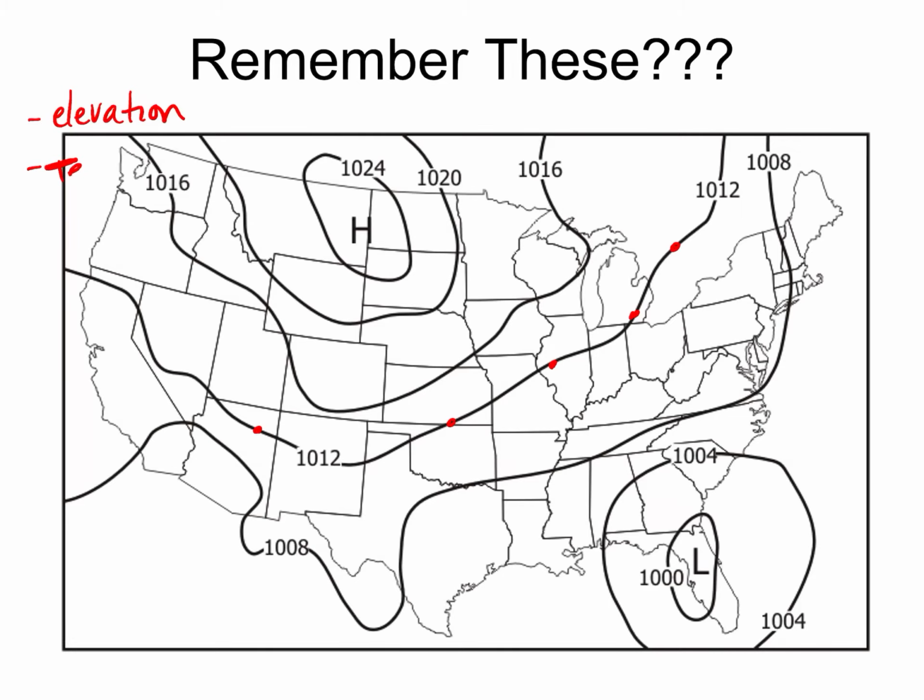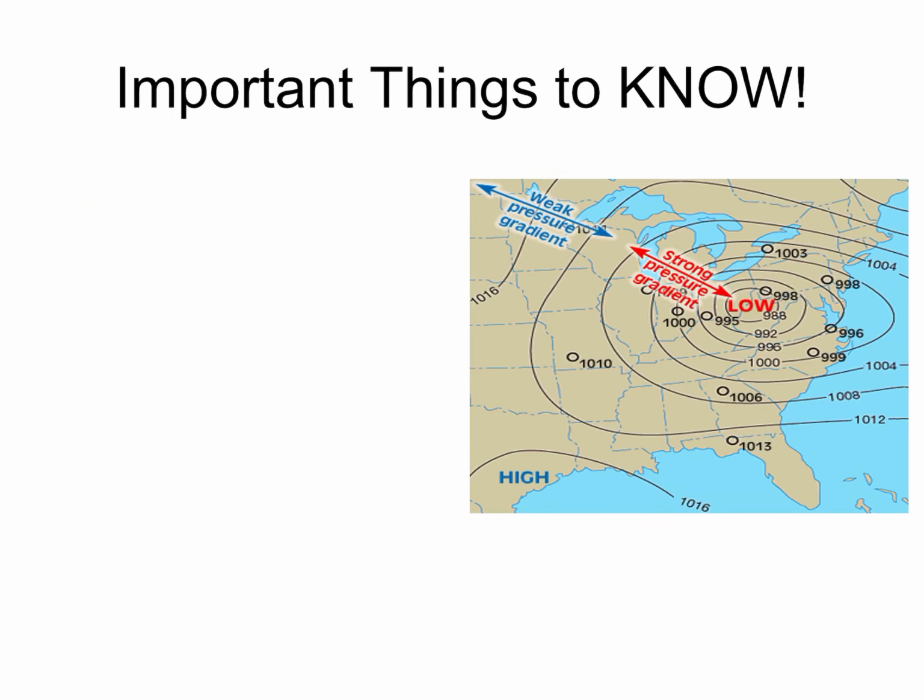We went over temperature, which are isotherms, and we said that there is pressure, which is isobars. This is definitely not elevation. This is definitely not temperature. We are talking about pressure. Typically when you see numbers like this, we are talking about pressure, and they even gave you the H and the L there to help you out.